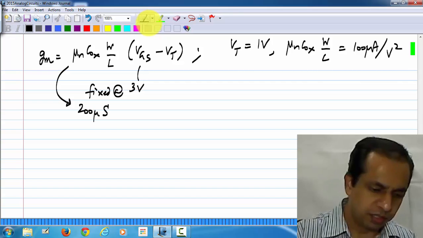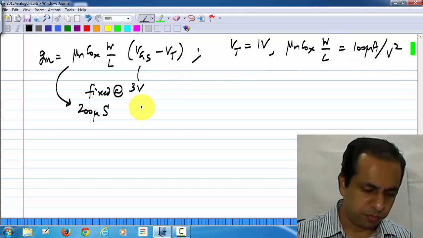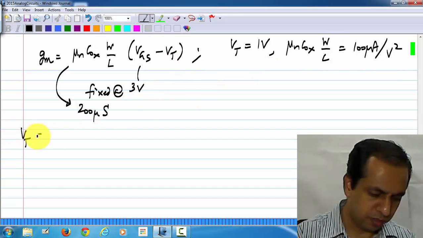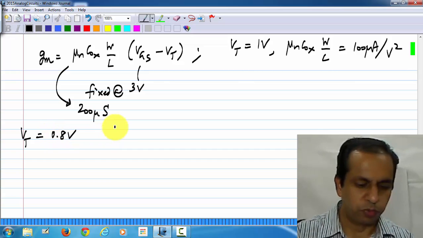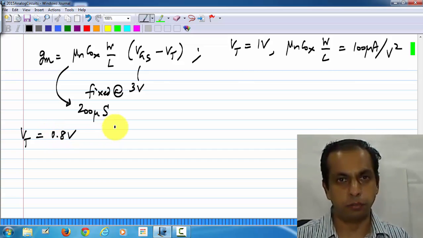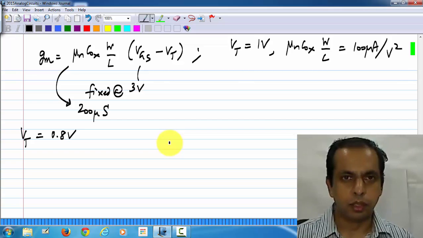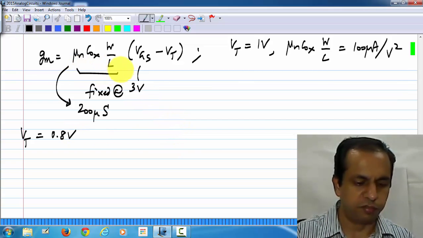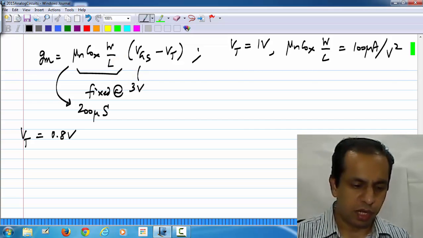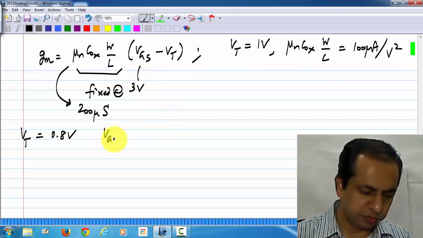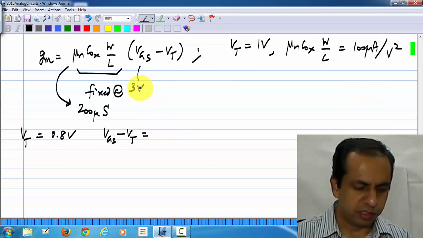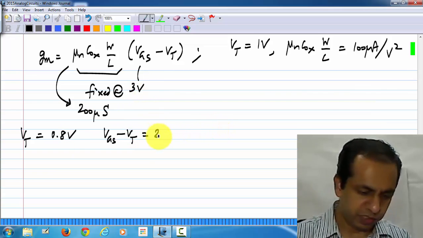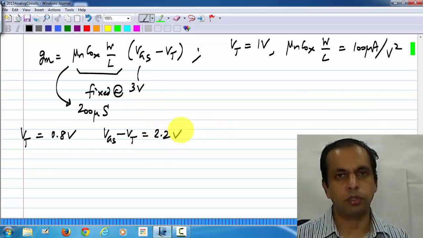So let's say it varies from 0.8 volts to 1.2 volts. It can vary by even more than that. So if VT happens to be 0.8 volts and let's say the current factor doesn't change at all, what happens? This VGS minus VT will be 3 volts minus 0.8, which is 2.2 volts.